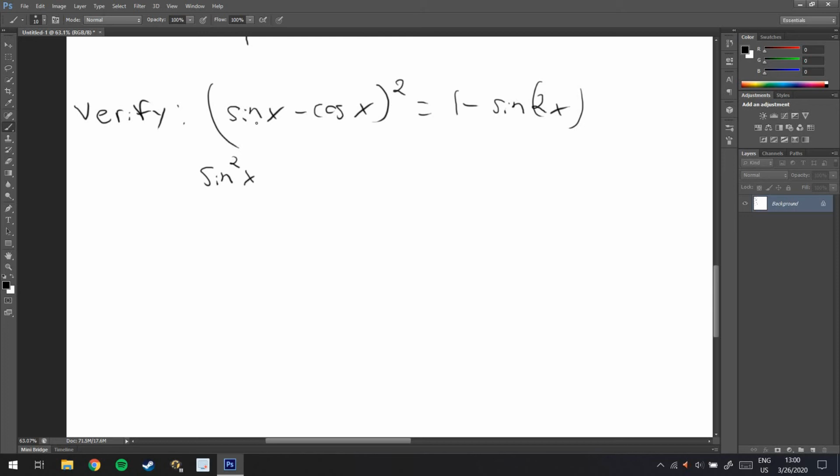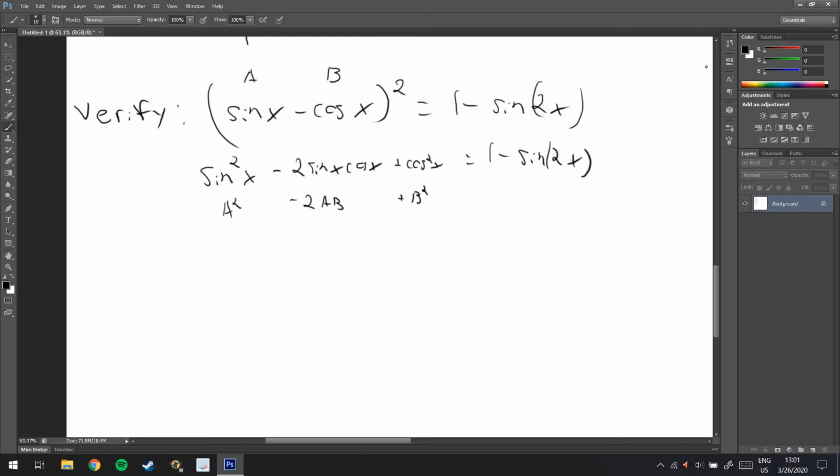So this is sine squared x minus 2 sine x cosine x plus cosine squared x. This is all still equal to 1 minus sine 2x.